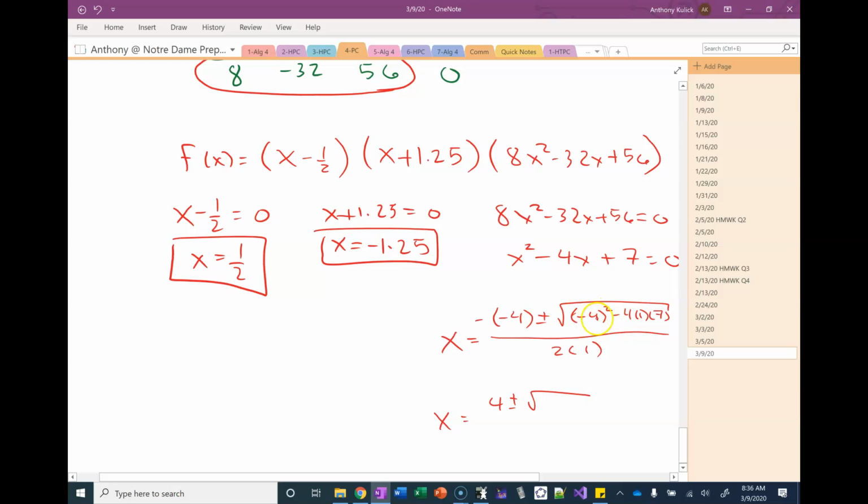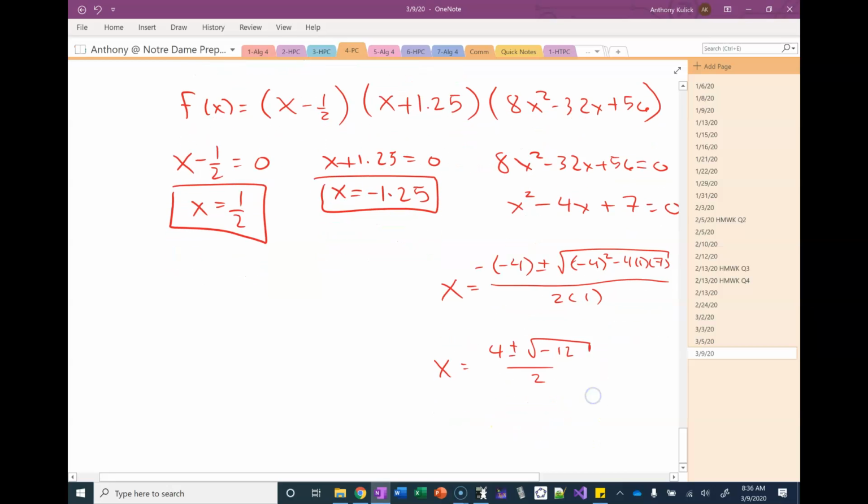So 16 minus 28 is negative 12. And this can simplify a little bit. How can we simplify the square root of negative 12? Because it's a negative, we can use the i. Can we simplify the square root of 12 at all? Well, remember, 12 is the same as 4 times 3, right?